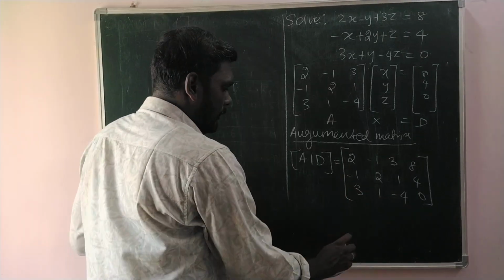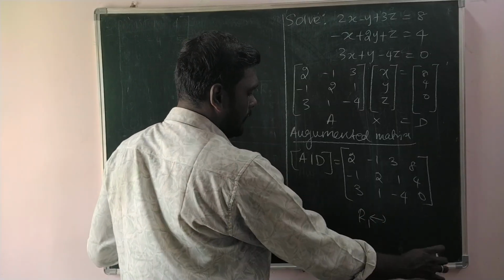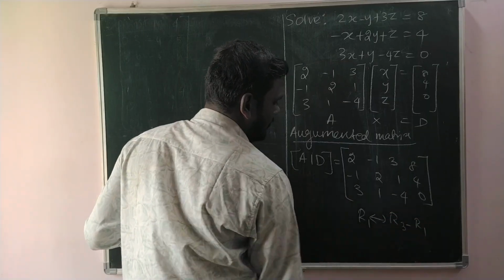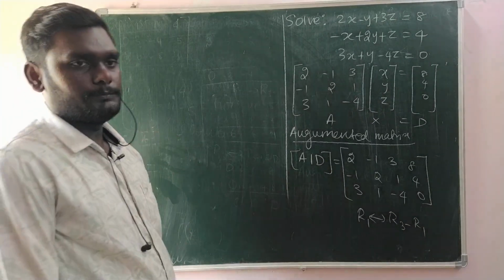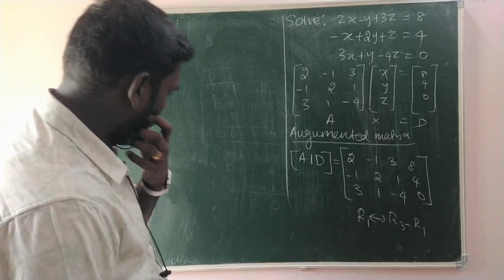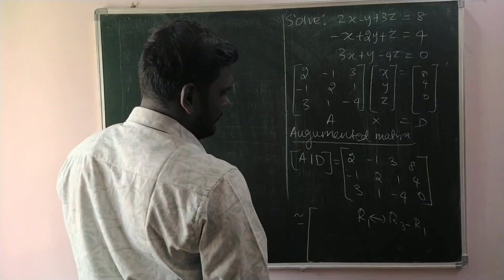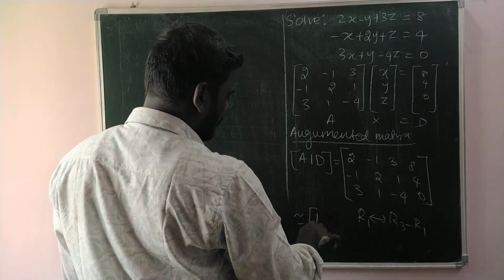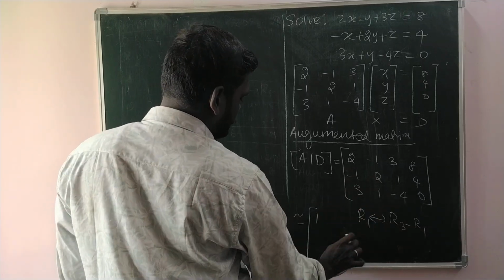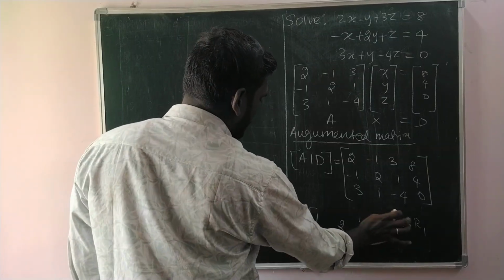How? I am going to take R2, not R1. I am going to write the result in R1. I am going to write R3 minus R1. Possible? 3 minus 2. Then the equivalent matrix: R3 minus R1 is 1, 3 minus 1... 1 minus of minus 1 is 2, minus 4 minus 3 is minus 7.